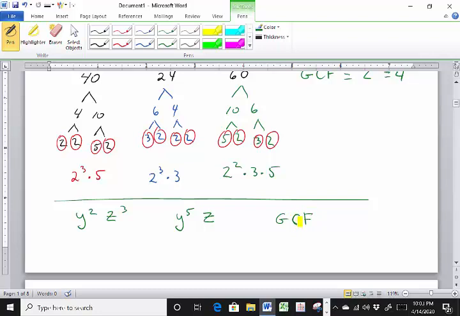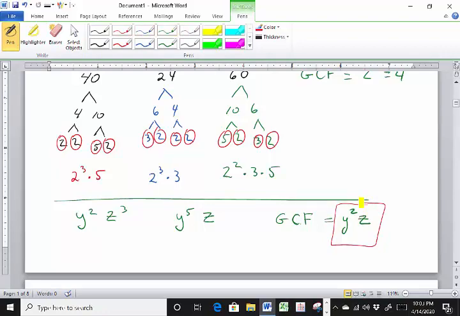But here are the variables. So you look and see, what's common? Well, we know that y is common, and we know that z is common, right? What is the smallest exponent on the y between these two? Well, it's squared. And what is the smallest exponent on the z? Well, it's 1, so it's just z. So this is the GCF, y squared z. All right?